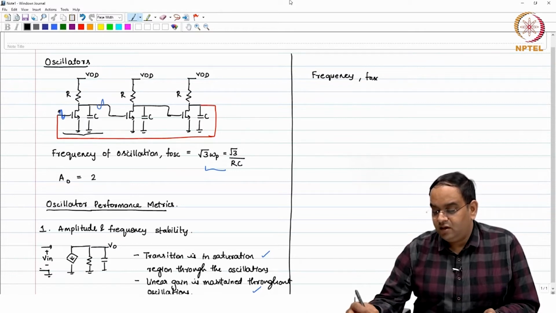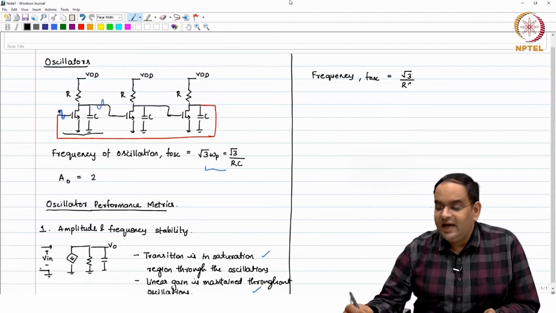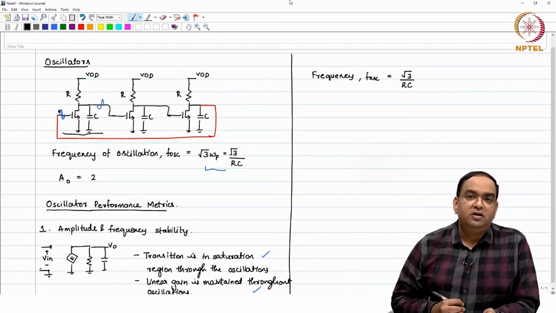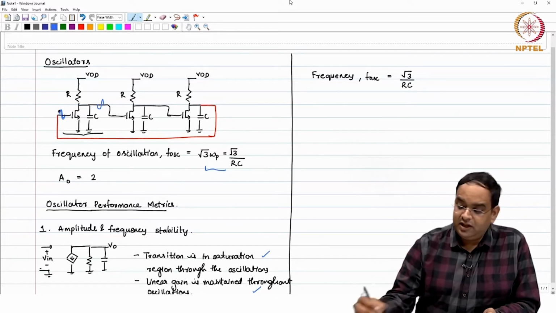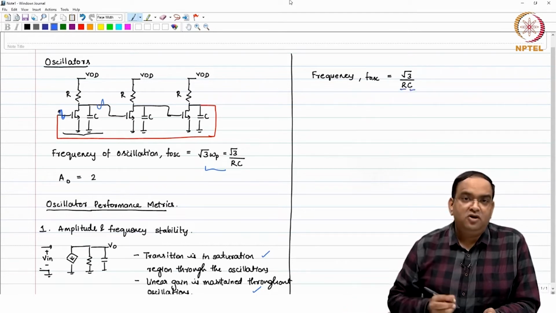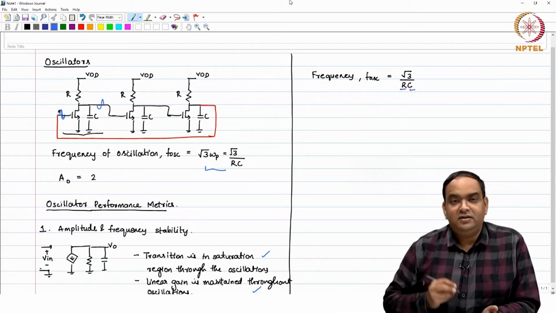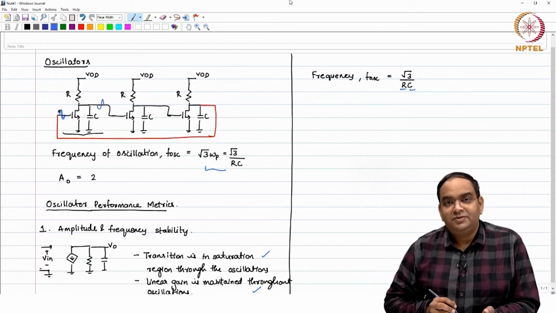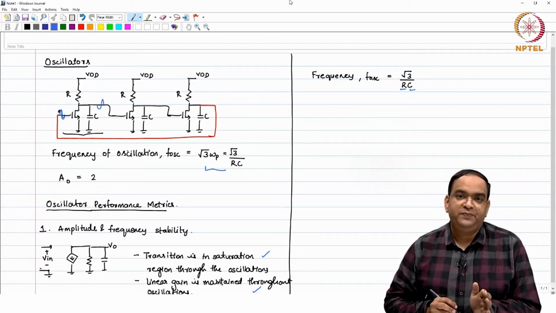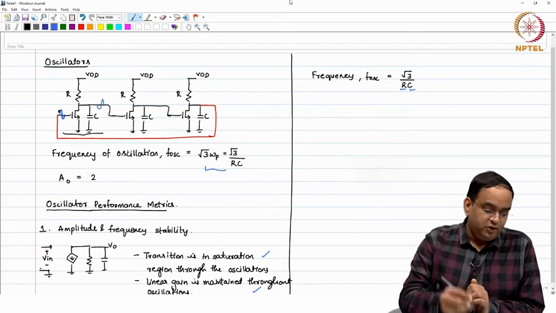When we talk about the frequency of this oscillator, f oscillator here is root 3 by RC, which depends on the resistor and the capacitor. So, as long as we maintain these resistor and capacitor values, the frequency of the oscillator is fixed. It is not going to vary.